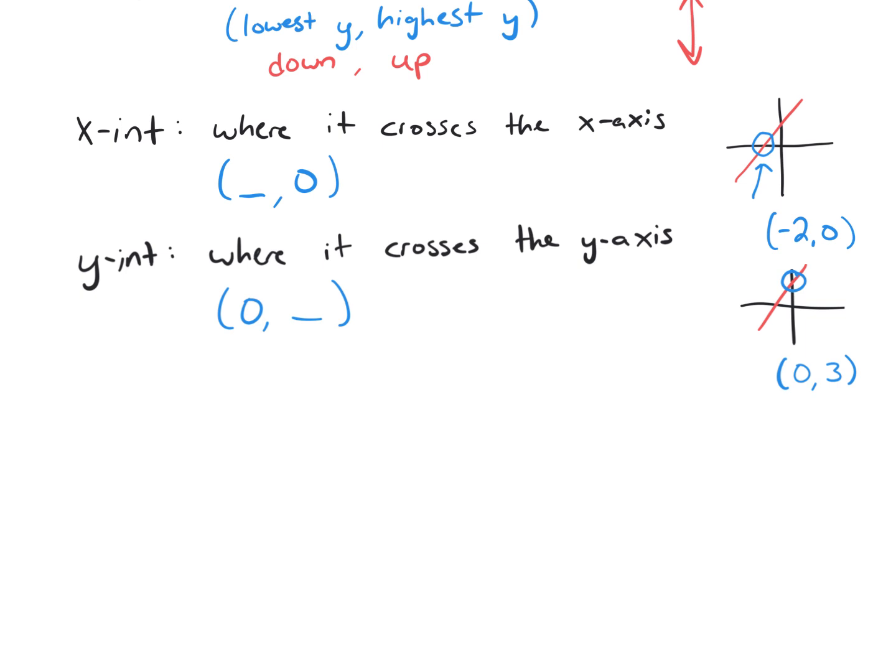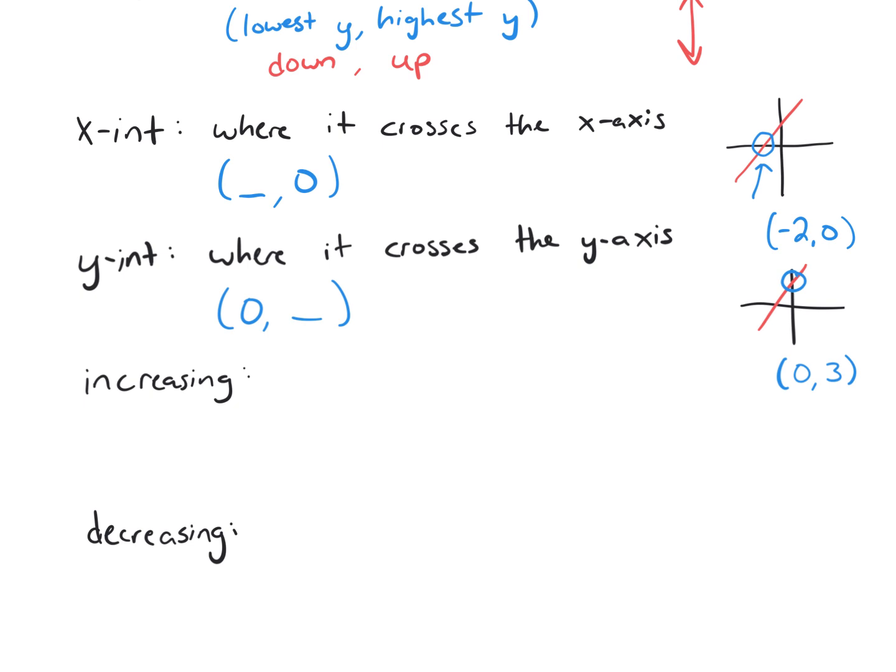So talking about increasing and decreasing. When thinking about increasing and decreasing, what values are we looking at? X or Y values? Kind of both. So when you're reading a book, how do you read it?